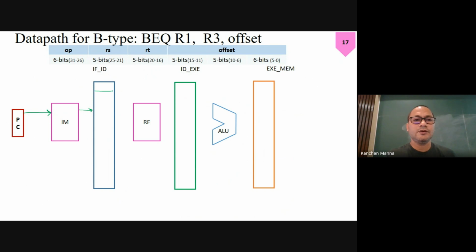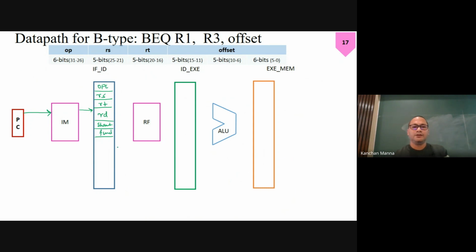Then all these things: opcode, RS, RT, and then we have the offset. Let's say we have RD also here, some value would be there, and that may be part of it. I will discuss. So shift amount.